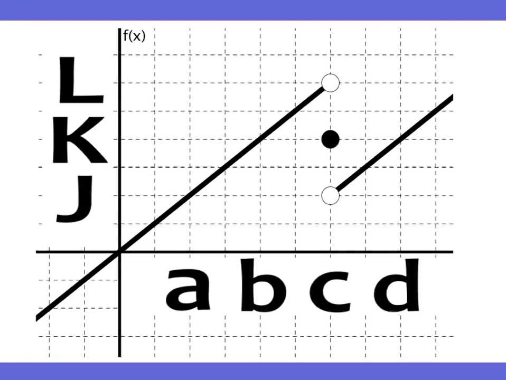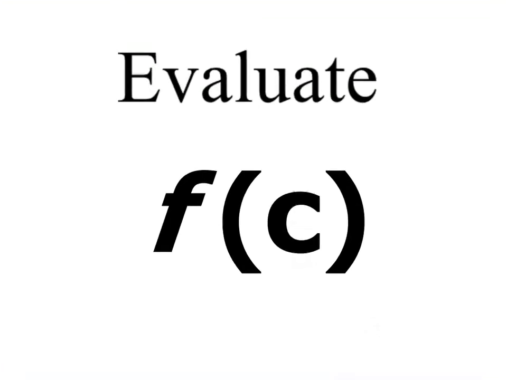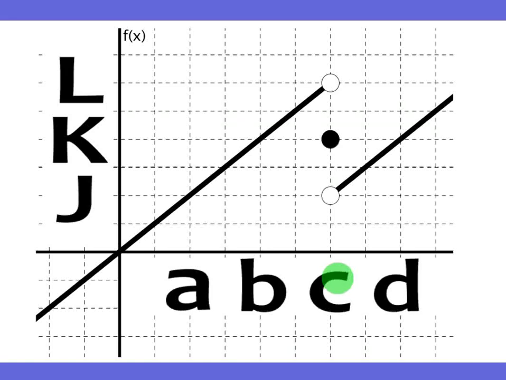Example 6, we have some letters to deal with. We have A, B, C, and D, and then J, K, and L. You can actually evaluate at letters, it's perfectly fine. Let's figure out what f of c is. We locate that x value on the graph, which is right here, and draw a vertical line right there, just like we were doing before. Now, where does it touch?